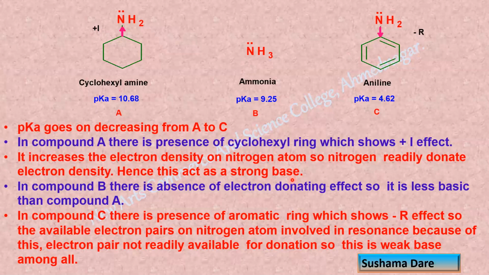This is a simple example where we can show that an aliphatic base is always a strong base as compared to an aromatic base, but only if there is no substituent present on the ring.